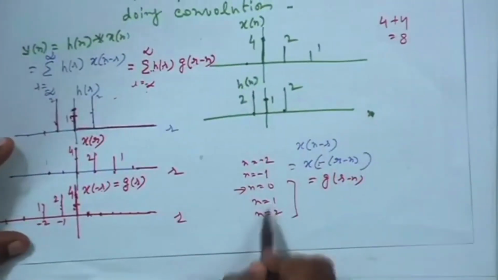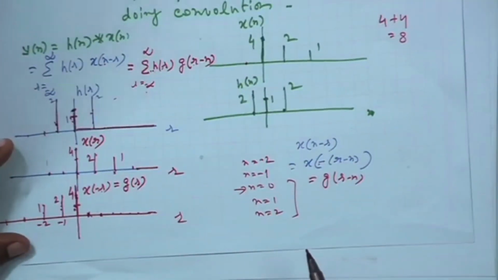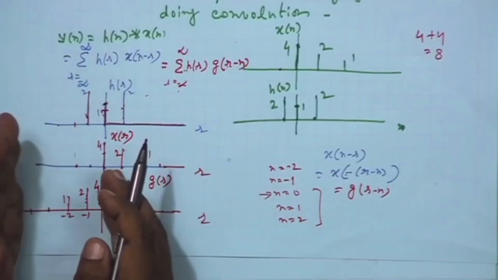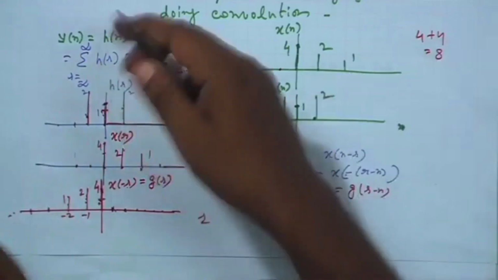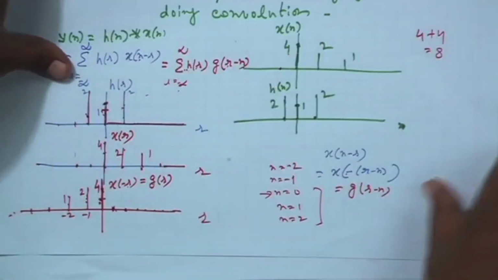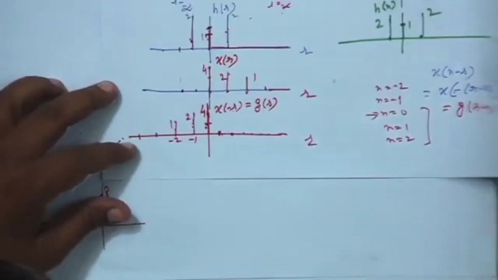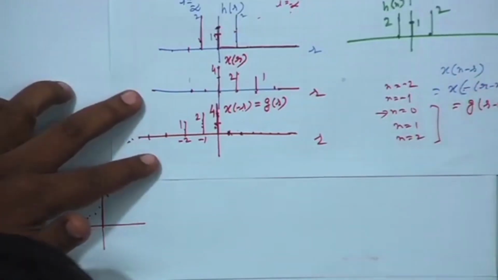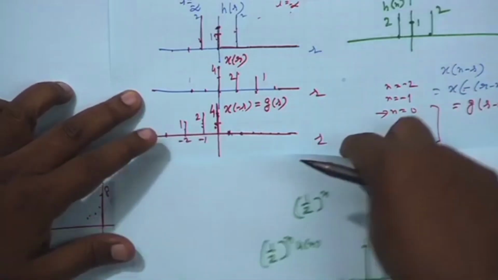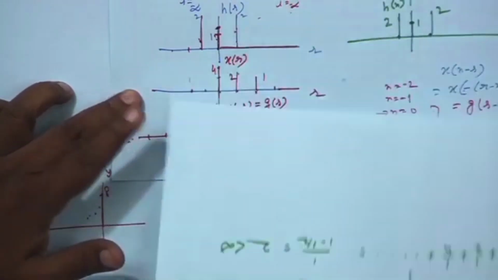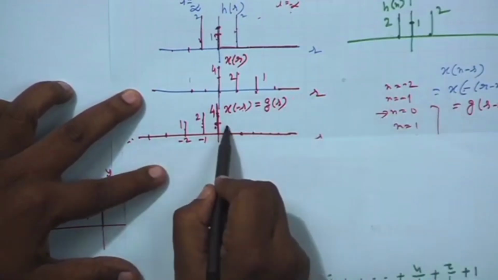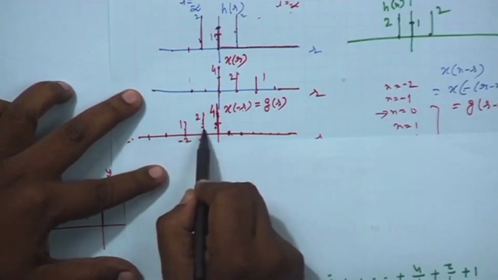Then consider n equal to 1. n equal to 1 means x of 1 minus r. So, g r is to be shifted to the right by 1. Then I have to carry out the product. If you take this g r and shift it to the right by 1, 4 will go to 1, 2 will go to here.